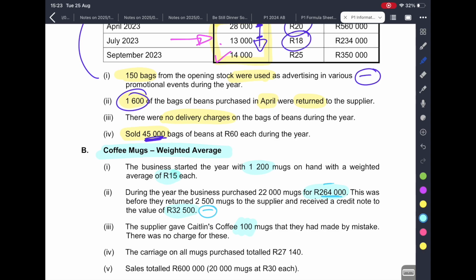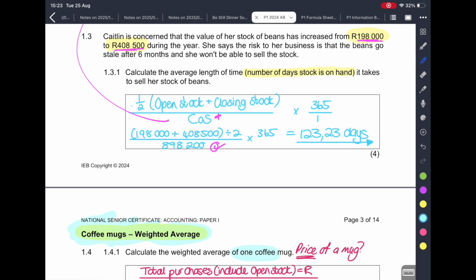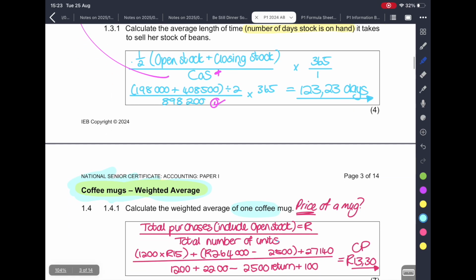And then carriages is a nice full number. You don't have to calculate it. It's 27, and they tell you how much you sold, 20,000 mugs. So let's work out what's the weighted average. Long calculation divided by the number of units. So at the top of the line, I've got the 1,200 that I started with in the financial year, and they were 15 Rand each.